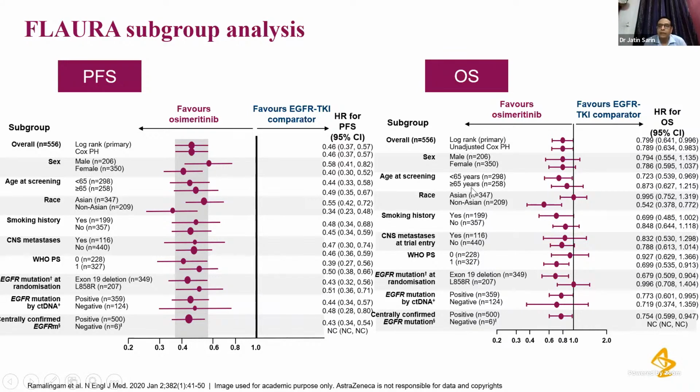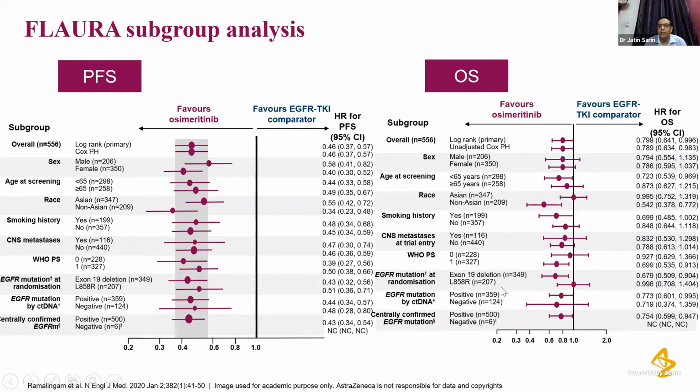And the OS, yeah, some people raise a question as far as the Asians, that they were not much benefited as far as the OS is concerned. So it was rightly asked by Dr. Rajeshwar also in the previous lecture. And again, I would like to reiterate that the numbers were not adequate to establish the difference.